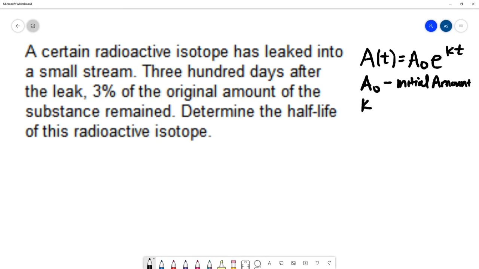We have k, which in this example will be our decay rate. And we know it's a decay rate because 3% of the original amount is remaining. So 3% is less than 100%, so it's decaying. And this value, that decay rate, will be a negative value.